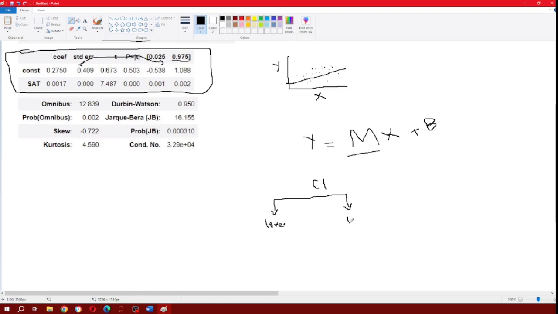In other words, how confident should we be that this data would be between these two boundaries? So at a CI of 97.5%.